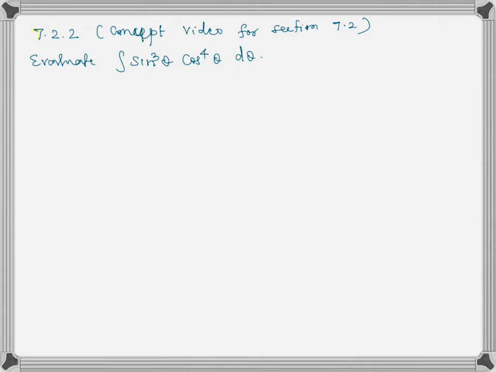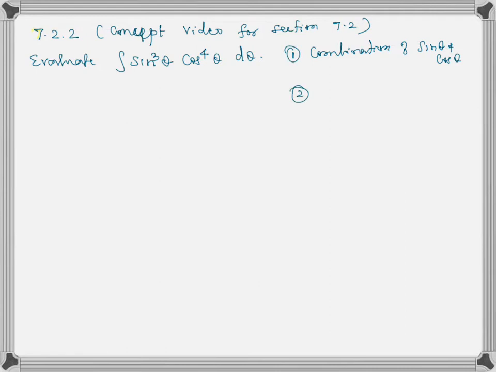So it is the integral of sine cubed theta cosine to the power 4 theta d theta. Here it is a combination of trig functions, a combination of sine and cosine.